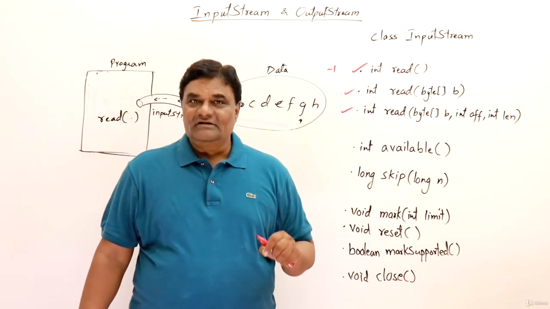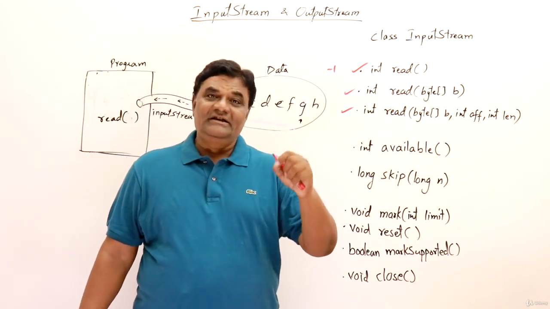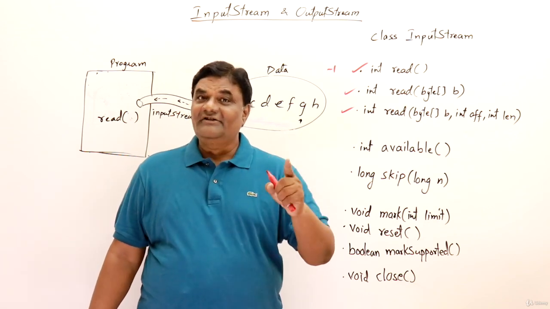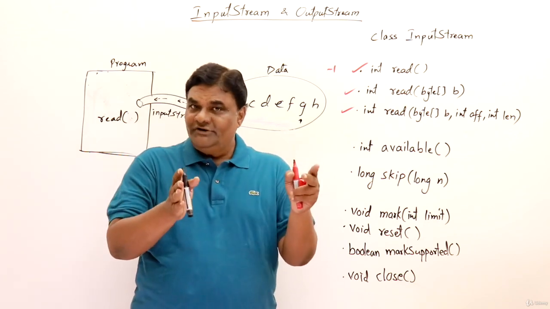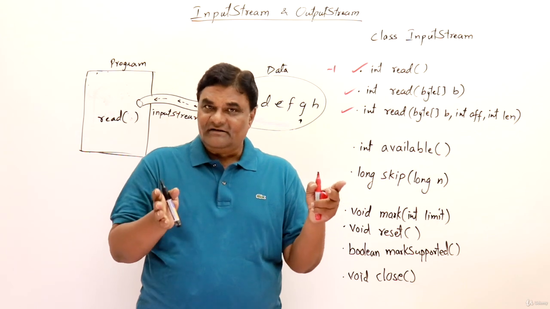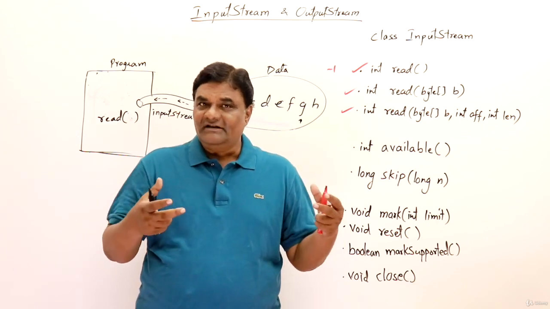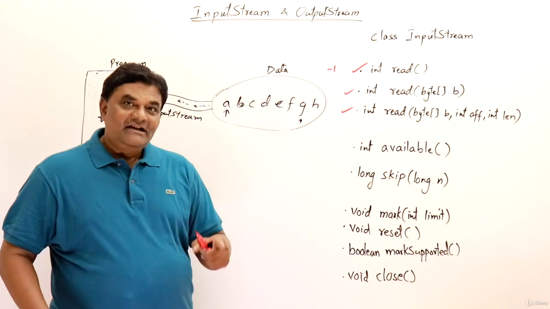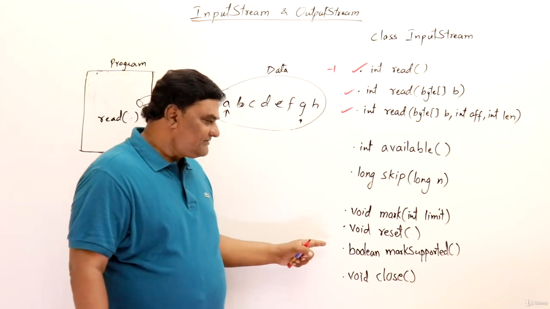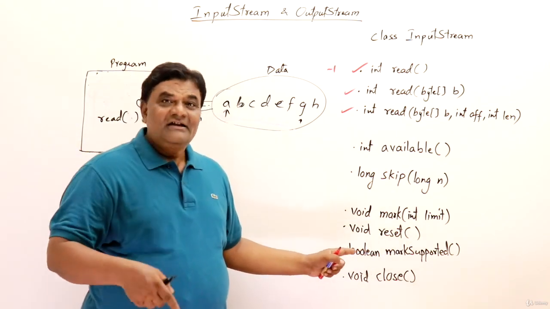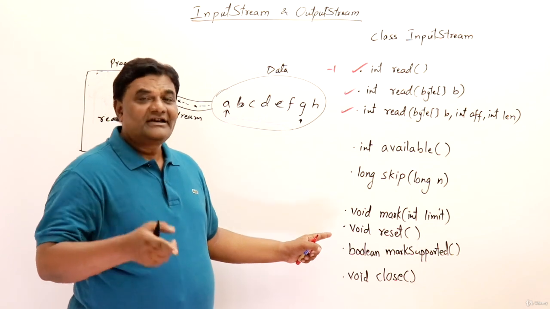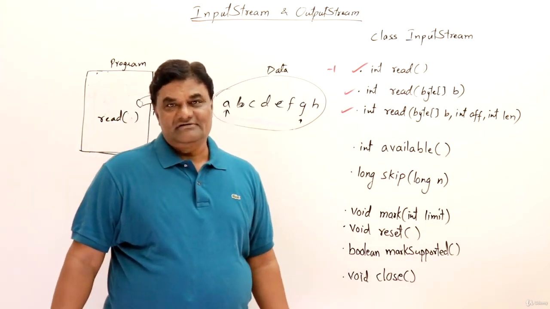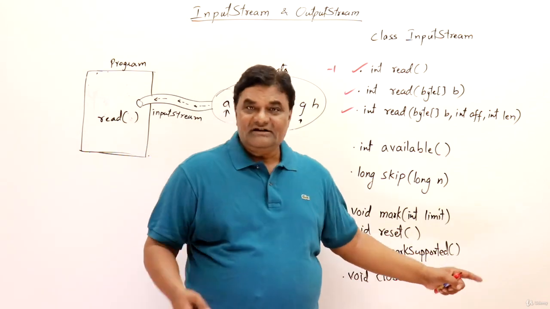That is possible only if the stream is a buffered stream, if it has a buffer. Already I told you that a buffer is a memory area, right? So it acts as extra memory for holding the data in the stream. So if it is buffered, then only is mark supported. That's why before putting a mark, we can inquire whether a stream supports a mark or not. So mark supported will return true or false.